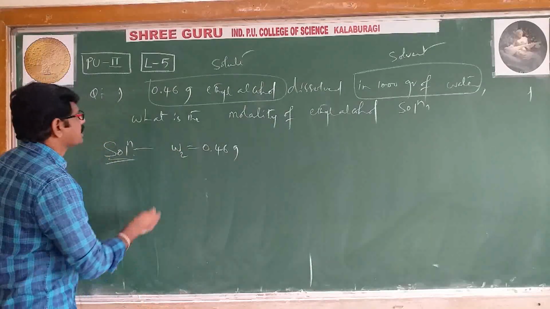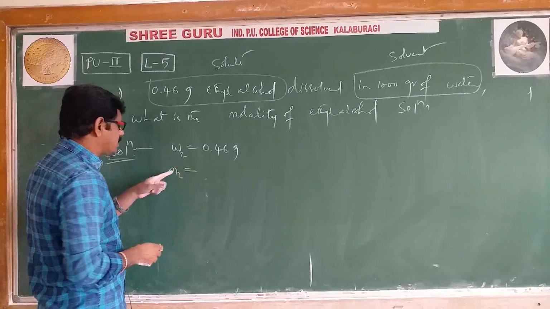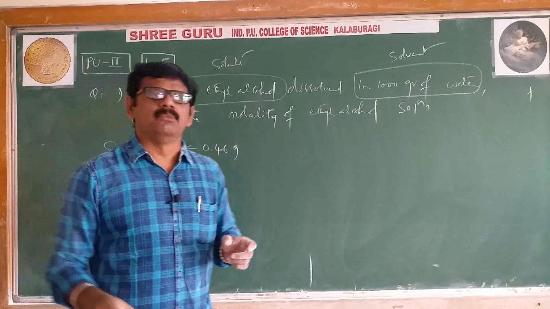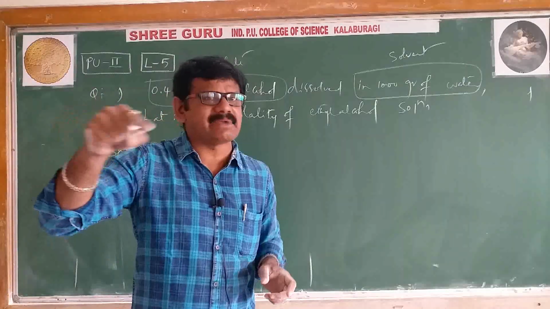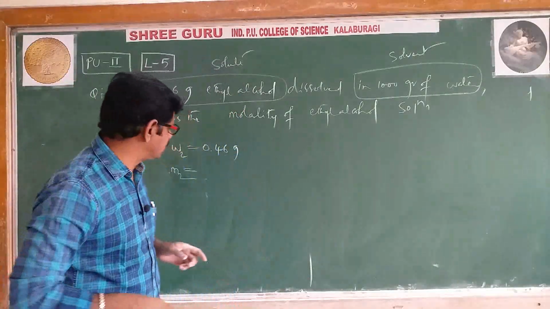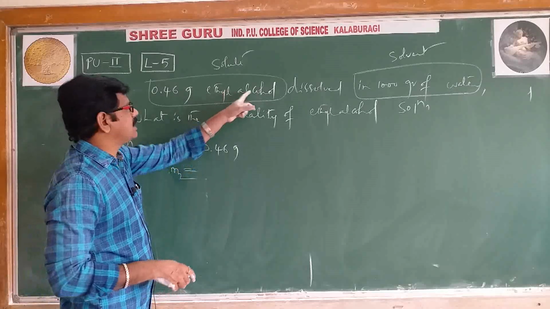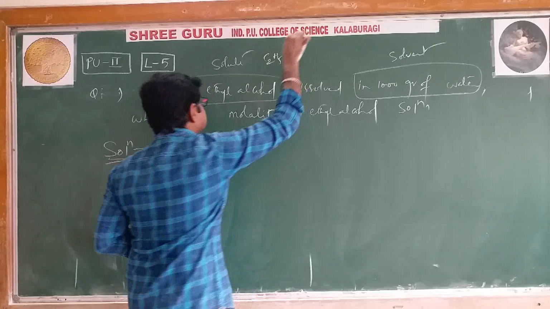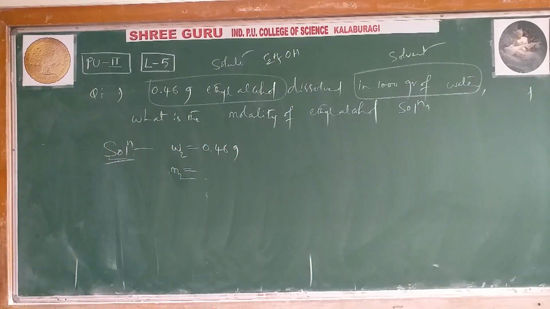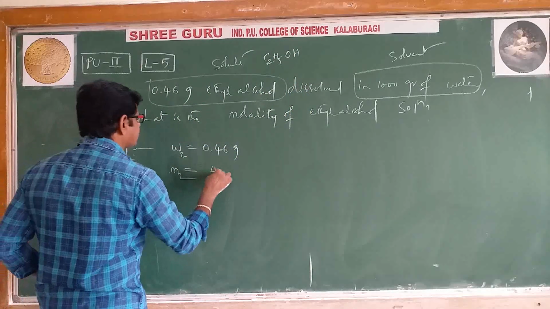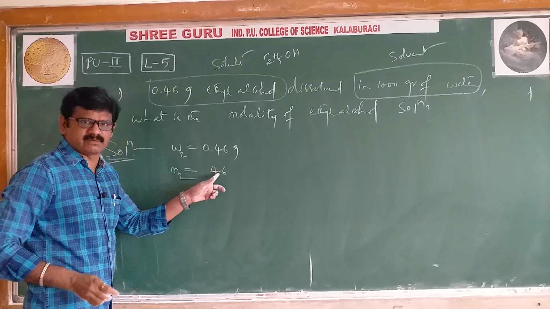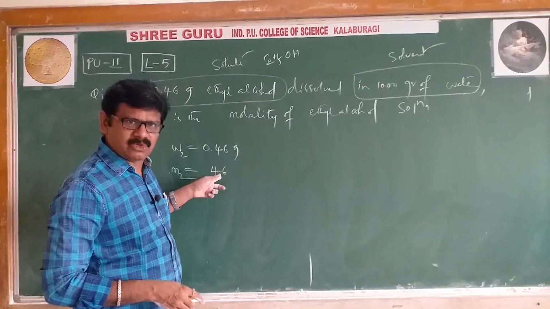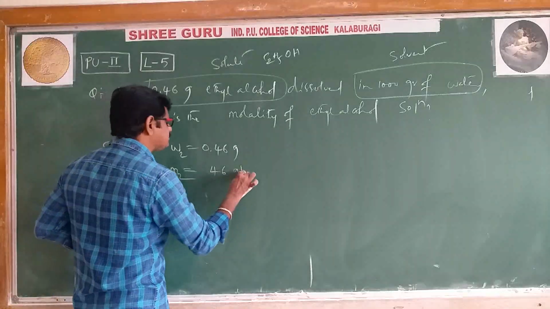Then M2, don't write it directly either; write molar mass of solute, and in the brackets write M2. Then ethyl alcohol's formula is C2H5OH. Its molar mass is 46. If you want, you can calculate. And what is the unit for molar mass? Gram per mole.